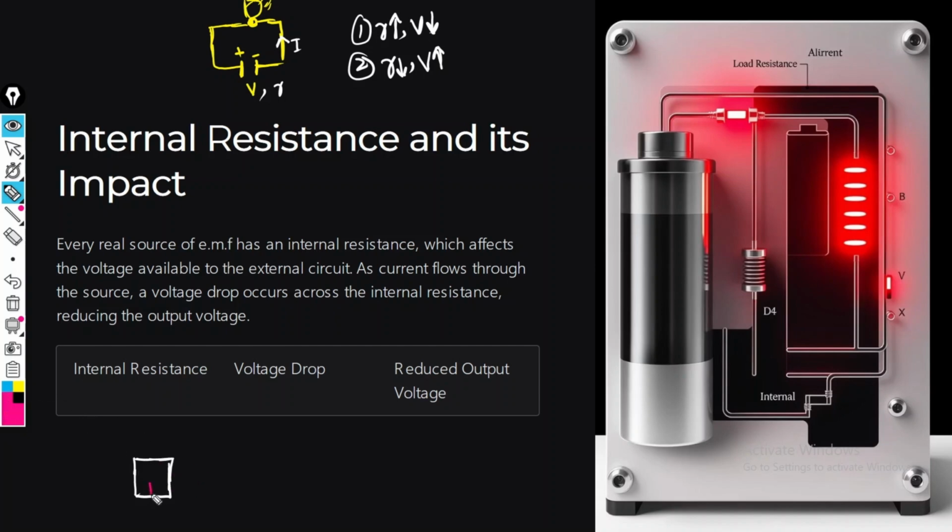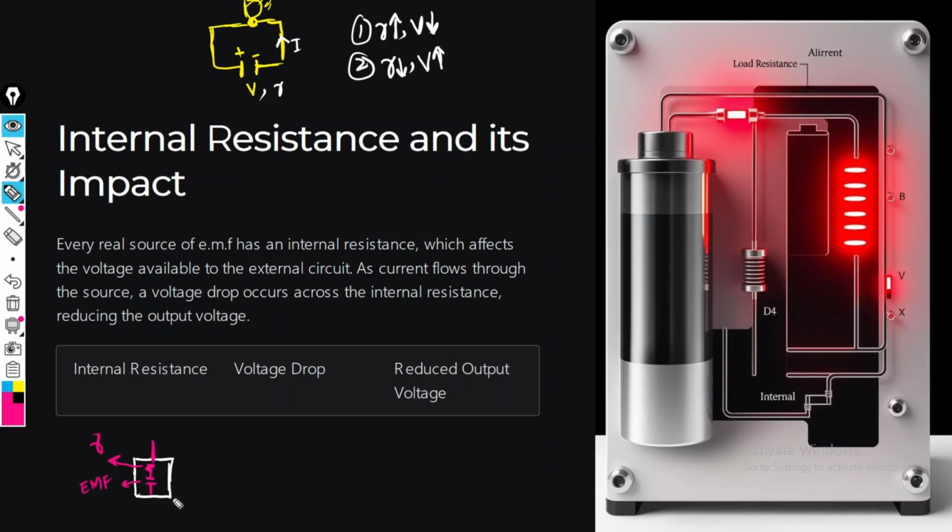Inside the battery we have the source, this is actually the electromotive force. And inside the battery we will have some resistance, which in our case is represented by r.